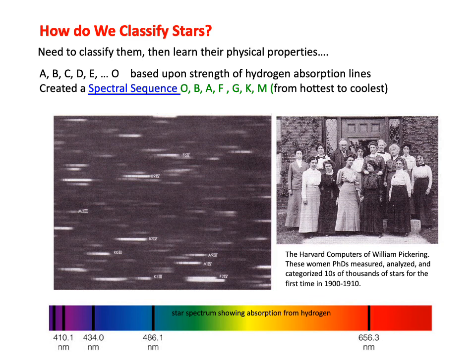And then she came up with this sequence: O from the hottest, B, A, F, G, K, M to the coolest. And so the strength of these absorption lines is related to this spectral sequence. So basically, from now on, I'm going to be talking about stars in terms of whether they're an O star or a B star or a G star.